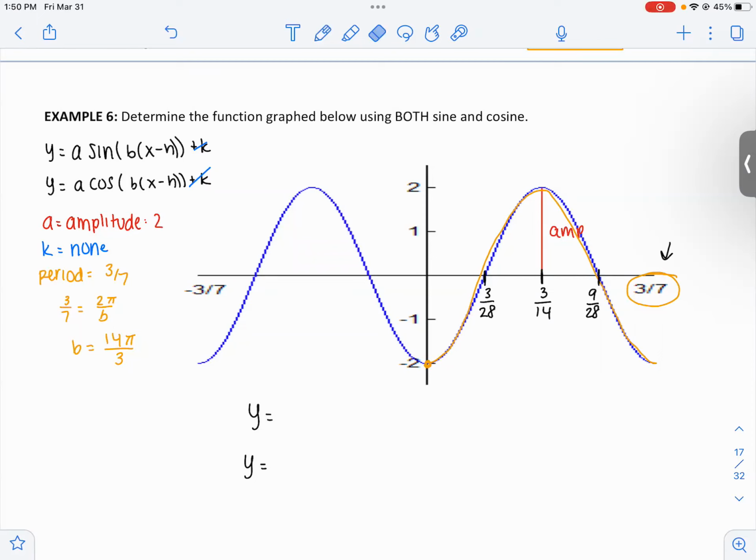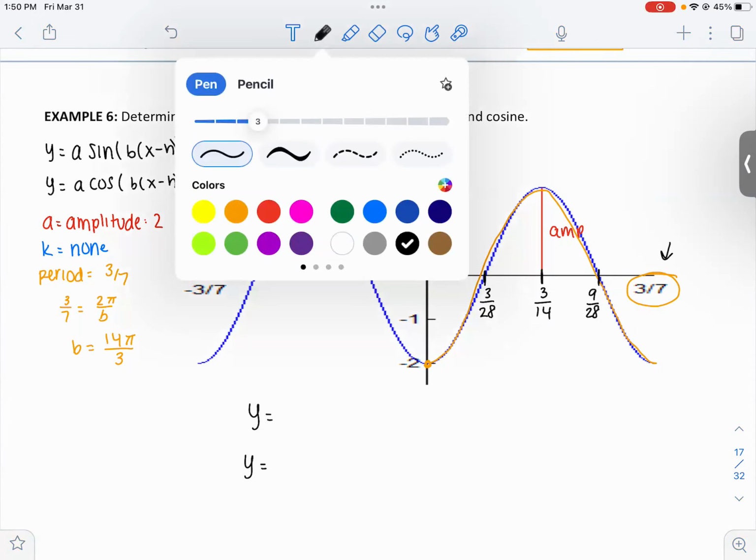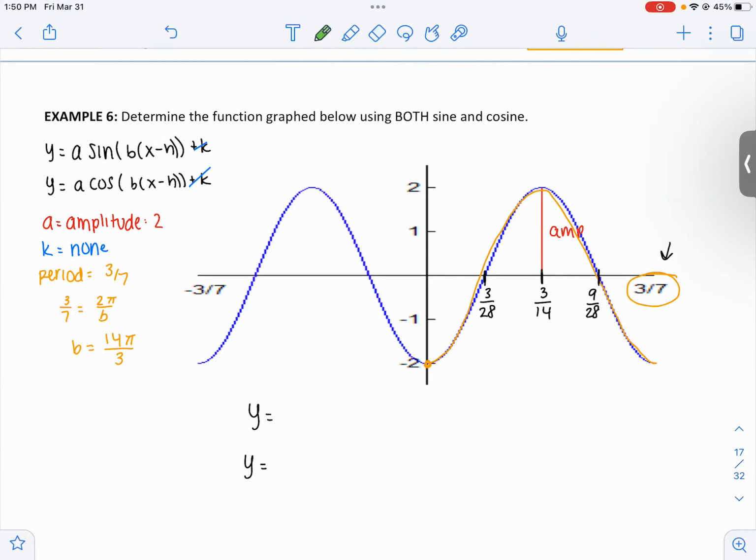We can go ahead and figure out the phase shift for sine. Let's go ahead and try that first. Remember with sine, does it start at the middle, the top, or the bottom? It starts in the middle and it goes up. So at 3/28, I'm at the middle and I'm going up. So this is the value that I'm going to use for that phase shift. So writing my equation for sine, I know my amplitude is 2.